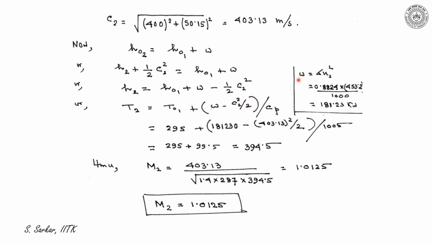Now let me evaluate small w, that is the specific work input, which is equal to sigma into U2 square. I know the value of sigma, and I know U2, that is equal to 453.2. So I have converted it to kilowatt by dividing by 1000.